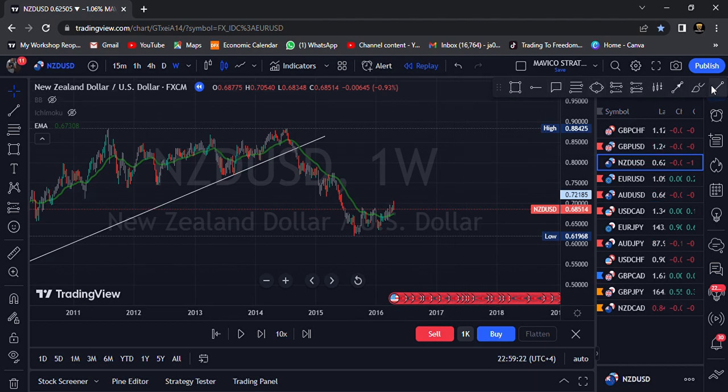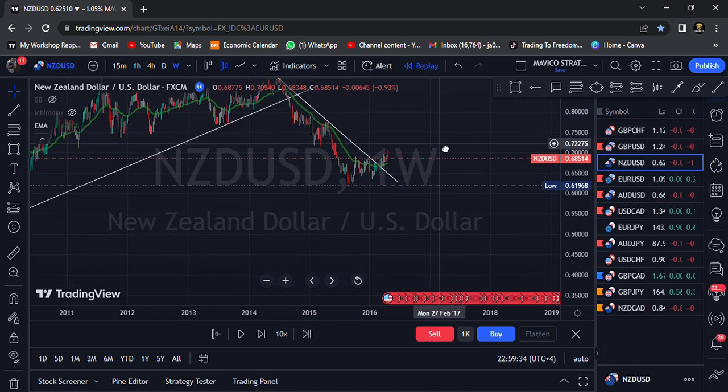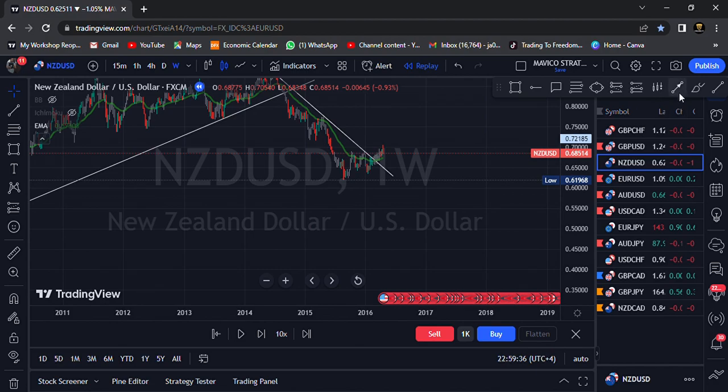It seems to have been broken again, and then we have a little uptrend here that is starting to form.